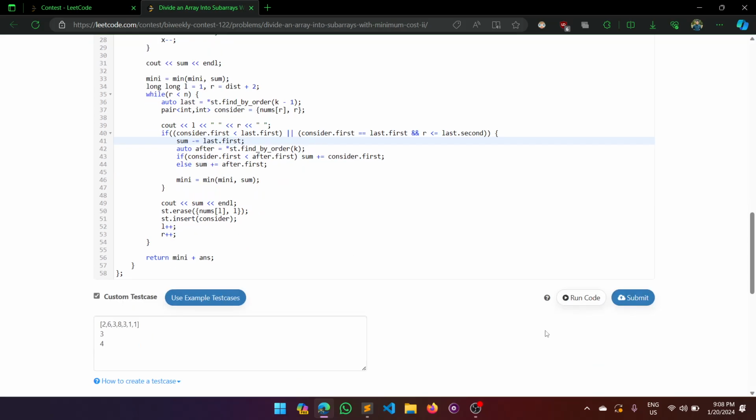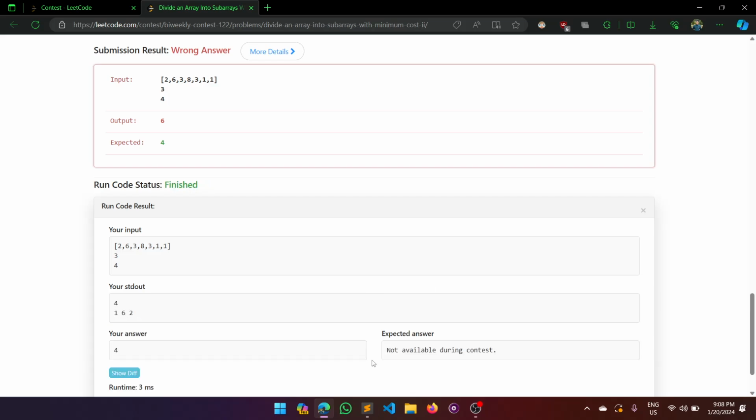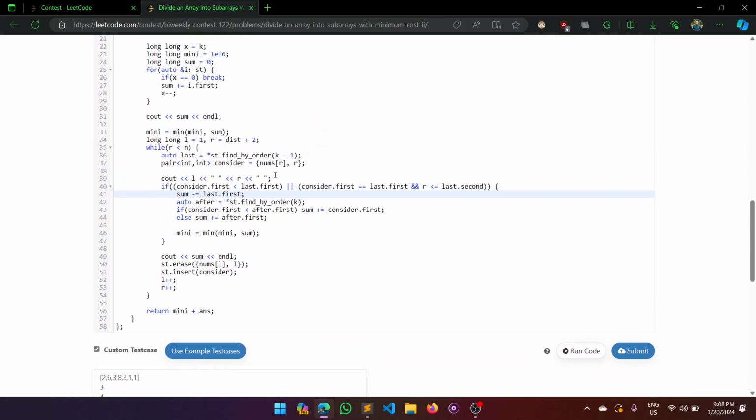Okay, yeah, that makes sense. Cool. No, we have to consider both of them because it's going to be removed definitely.